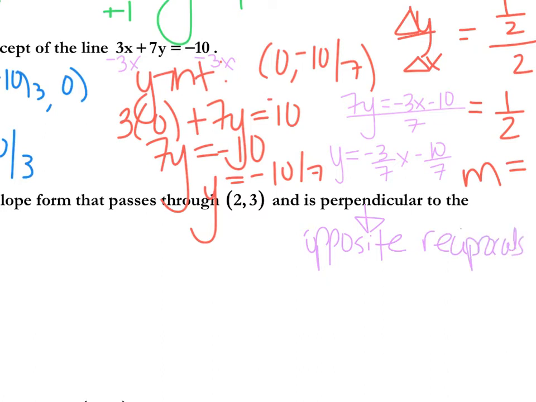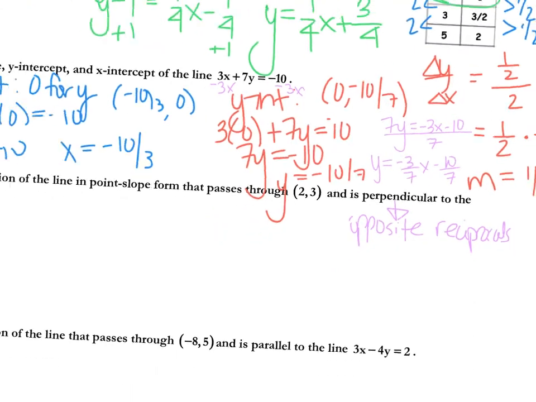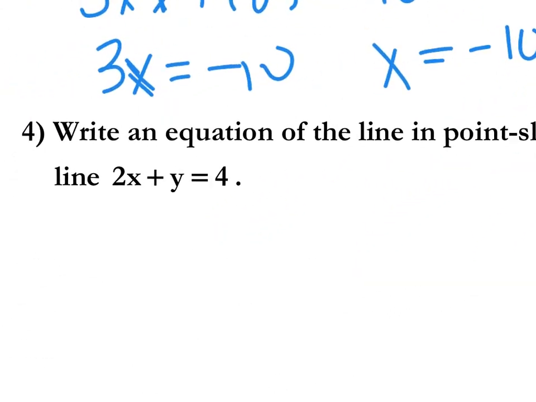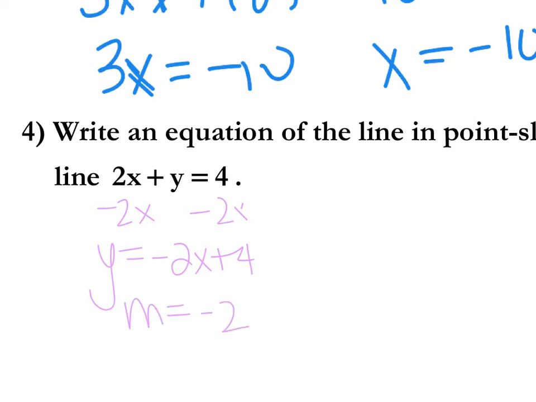Okay. So in order to find the slope of the given line, I need to put it in slope-intercept form. So I'm going to subtract 2x from both sides. So I get y equals negative 2x plus 4. So the slope of this line is negative 2.